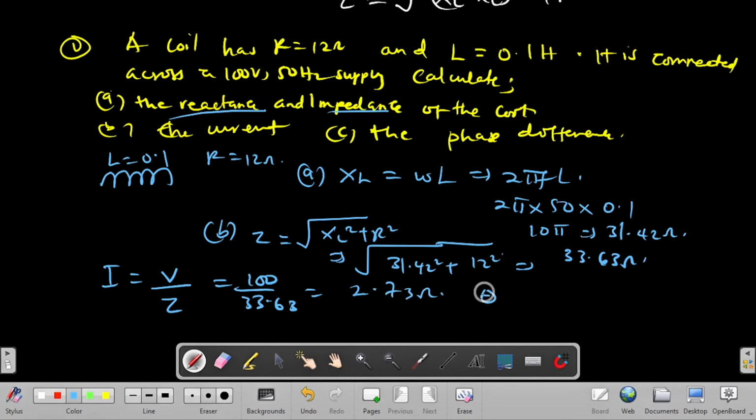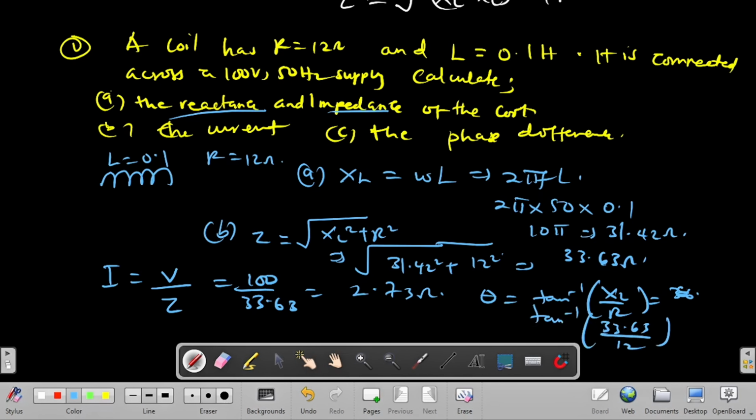The phase difference theta is equal to tan inverse of my inductive reactance over R. So tan inverse of 31.42 over my R, which is 12.